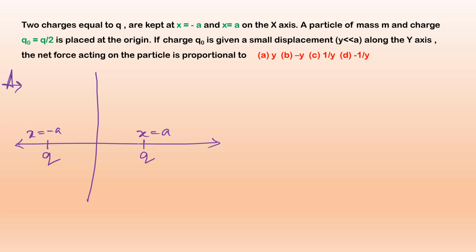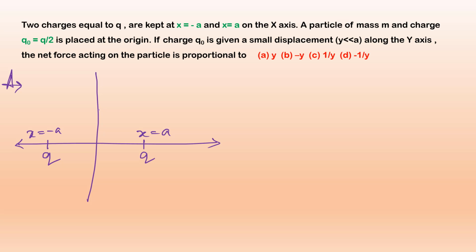Initially, you are placing another test charge with a value of q naught, which is q by 2, at the origin. Whenever you place another charge at the origin, it is equidistant from these two charges, so the total force acting on the charge at the origin will be equal to 0.